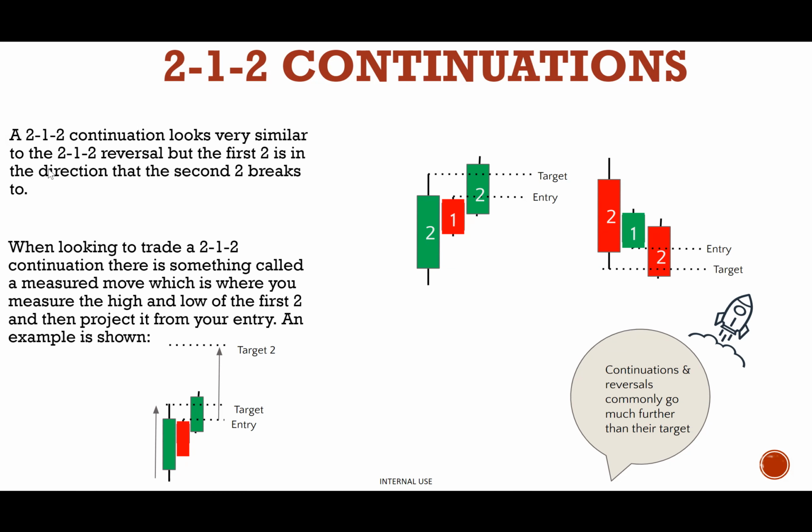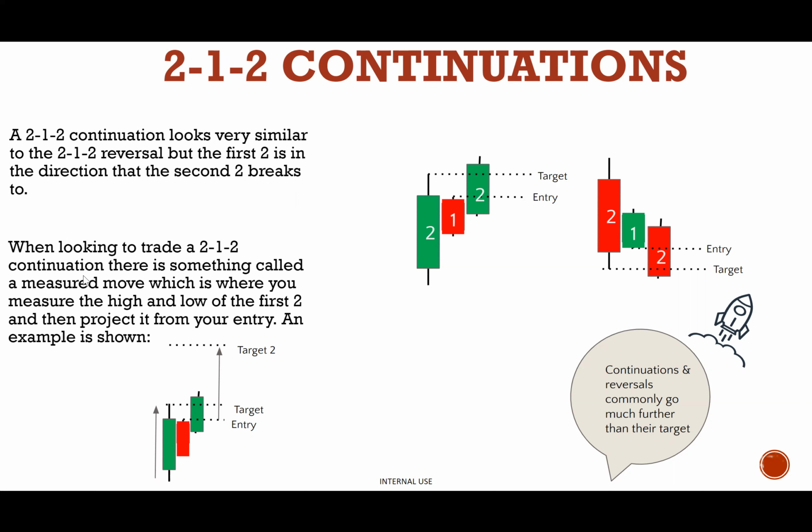Both of these are continuations. A 2-1-2 continuation looks very similar to a 2-1-2 reversal, but the first 2 is in the direction that the second one breaks, right? So this is a 2 up, right? So the continuation is like letting you know, hey, we went inside, but even though they look the same, since we went 2 up, we're looking to go 2 up after this consolidation to take out the target and whatever other targets we had over there. So that's what that is explaining.